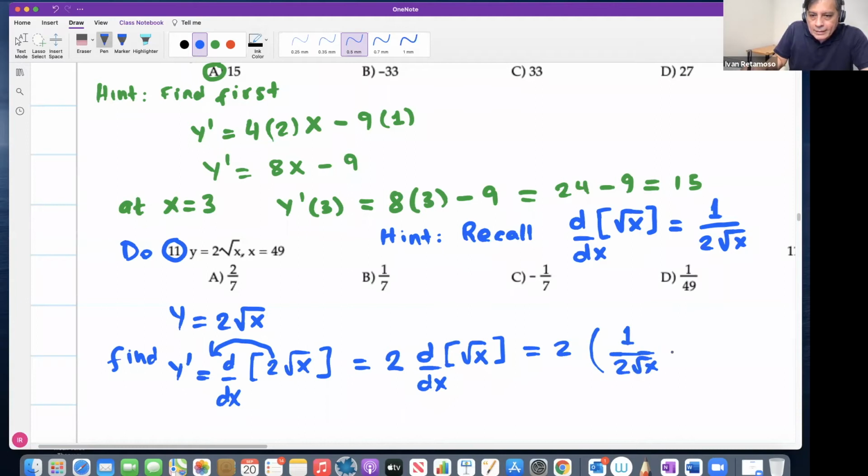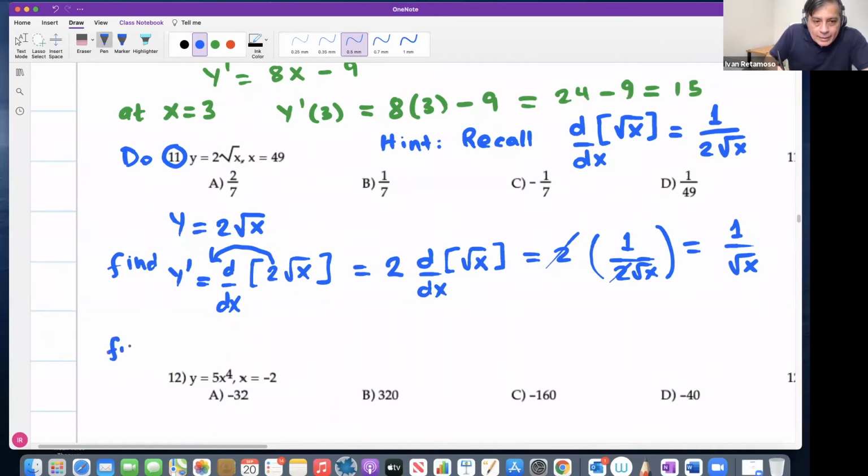So believe it or not, guys, this in simplified form, after you cancel these two on the top, two on the bottom, is just 1 over the square root of x. For this particular problem, the derivative is this, the formula for the slope of the tangent line, 1 over square root of x, right? That's this.